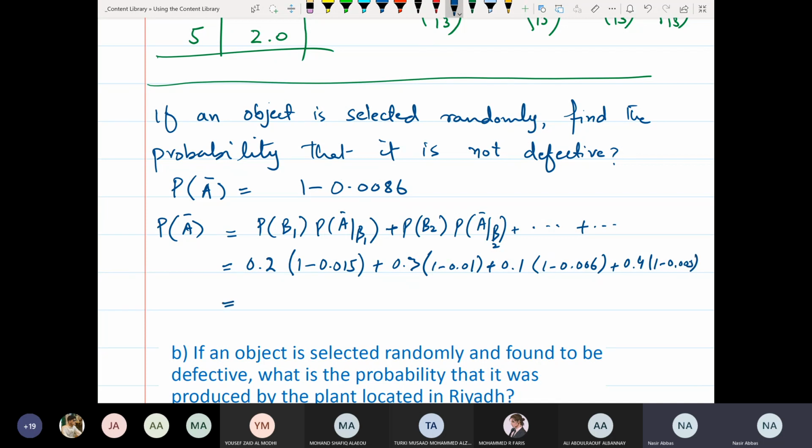This will also give you the same answer. Let me calculate it exactly and I'll tell you the exact answer. What is 1 minus 0.0086? 0.9914. You will get 0.9914 from both solutions.